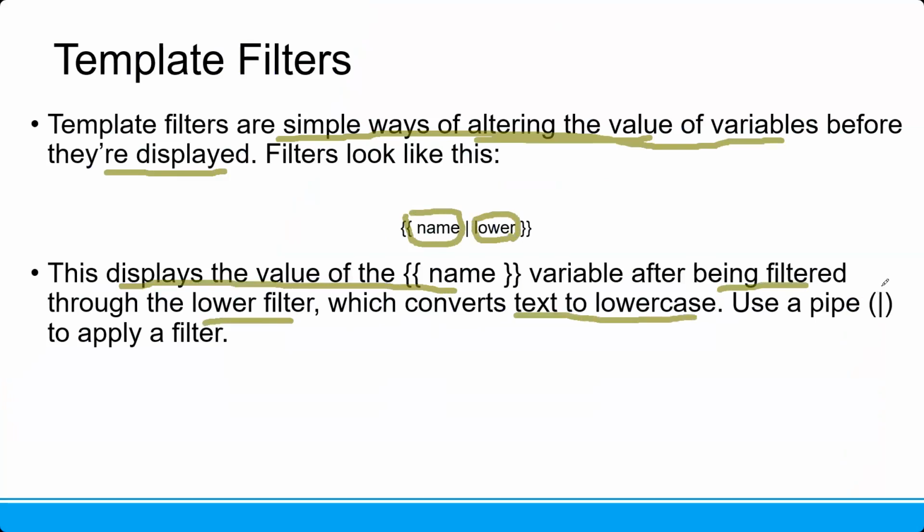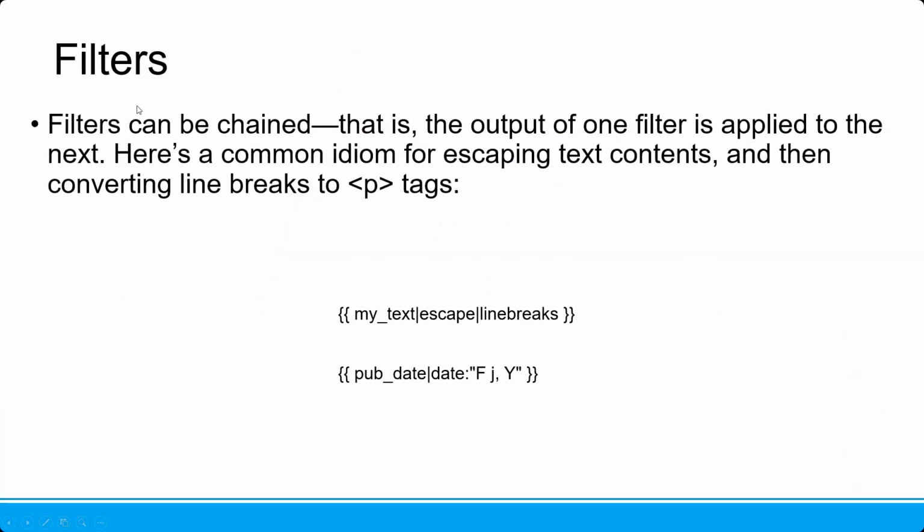For the common filters, we will need the vertical line. If we know that this is the variable name taken from the backend, after the vertical line, it is the filter. So filters can be chained.